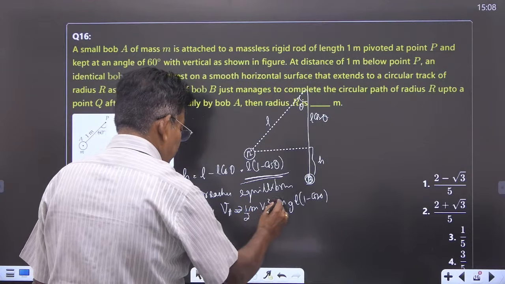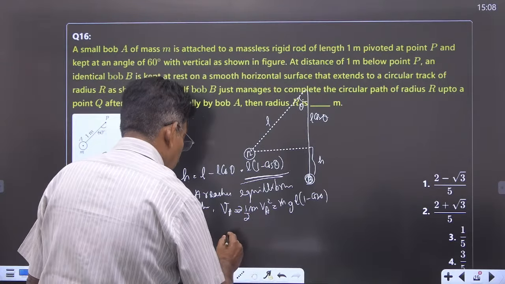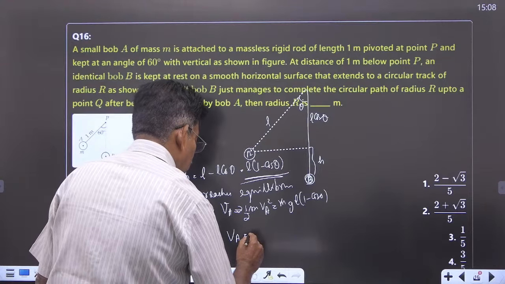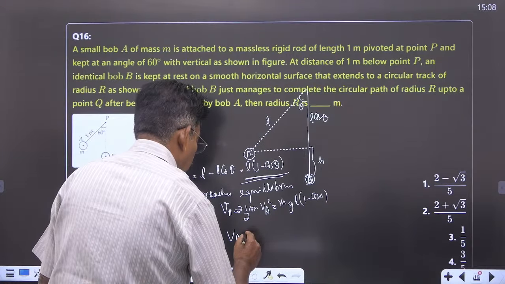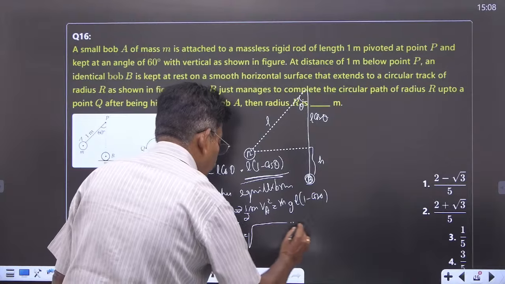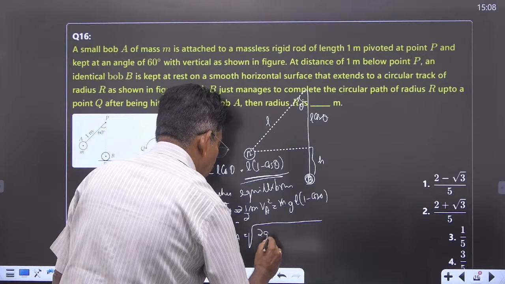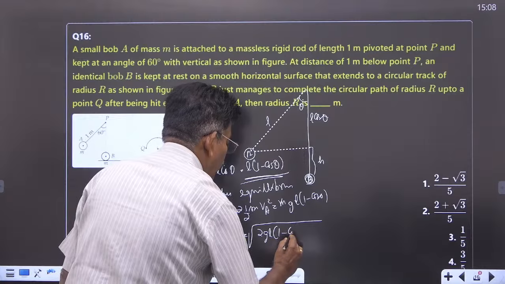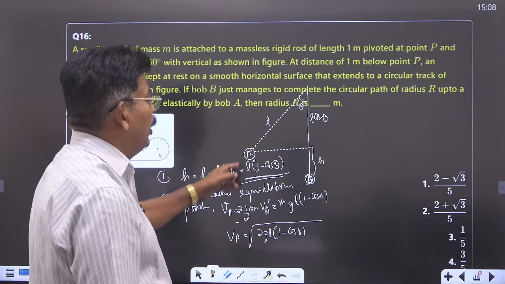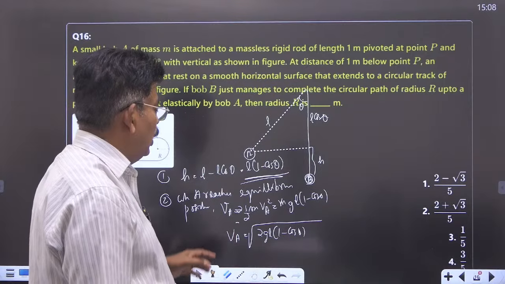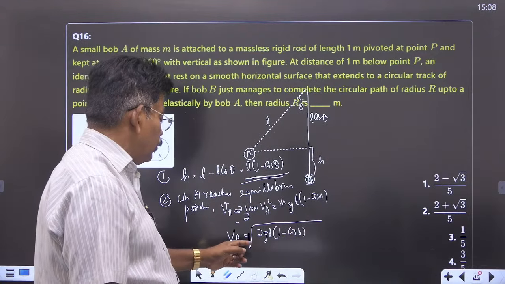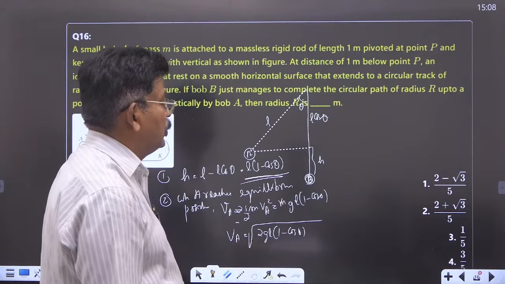Therefore, m gets cancelled. VA squared equals 2gL into 1 minus cos theta, so VA is root of 2gL into 1 minus cos theta. This is the second information. When the pendulum is released and reaches the bottom, the velocity it attains is root of 2gL into 1 minus cos theta.